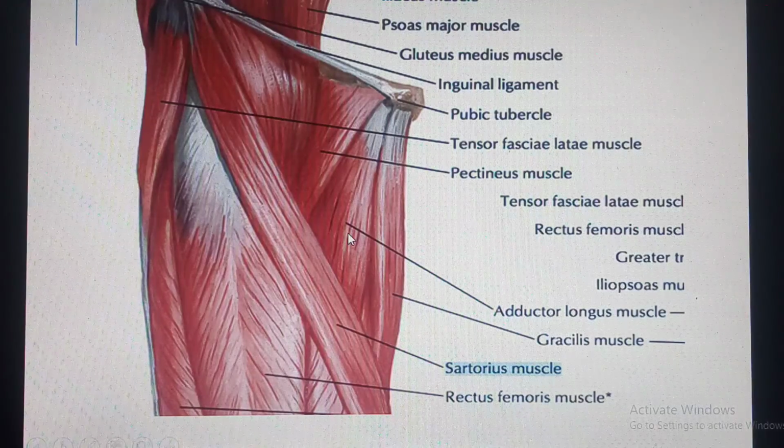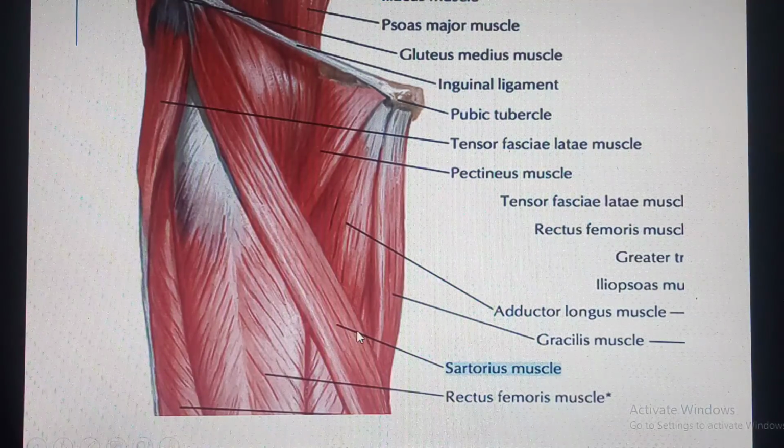When we look at the medial component of the thigh, we appreciate this adductor longus muscle. But it is the medial portion of the adductor longus muscle that will form the medial boundary of the femoral triangle.